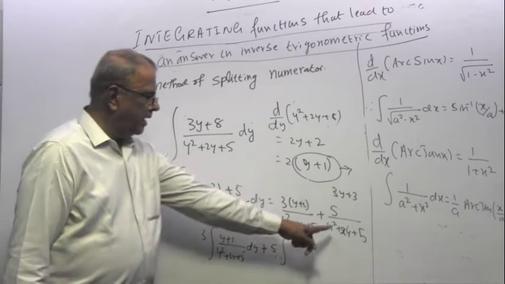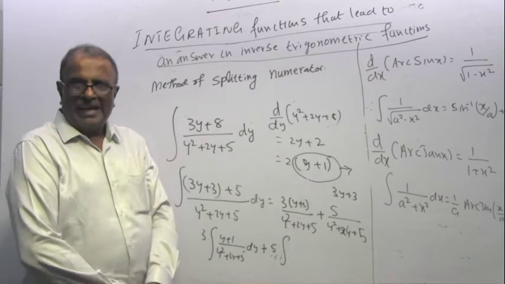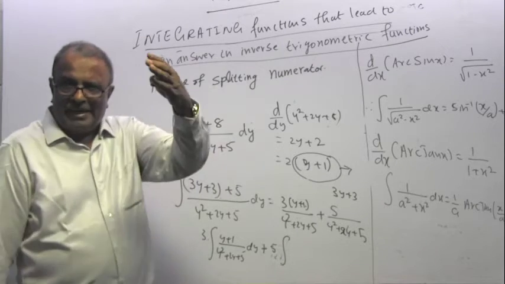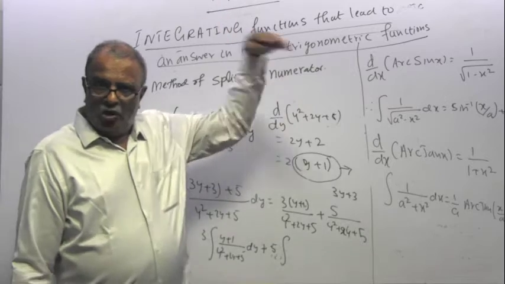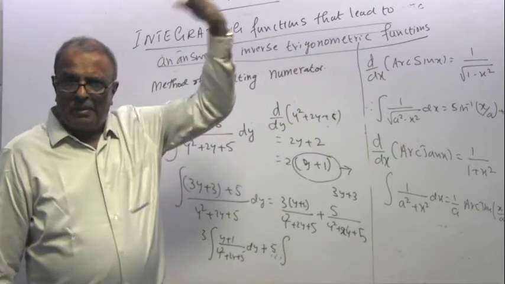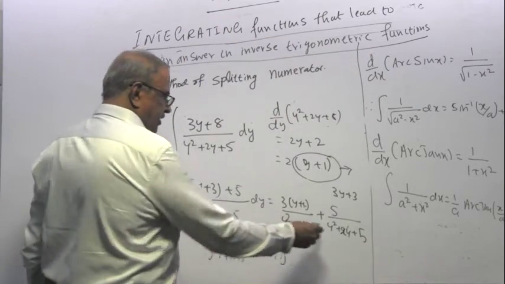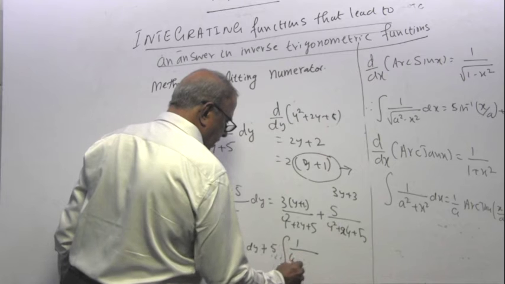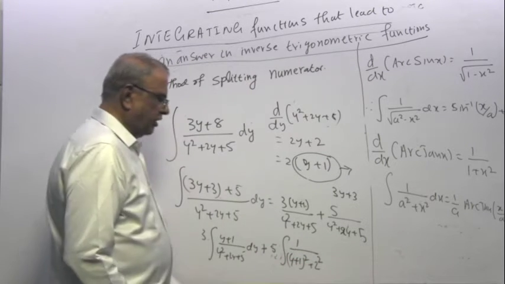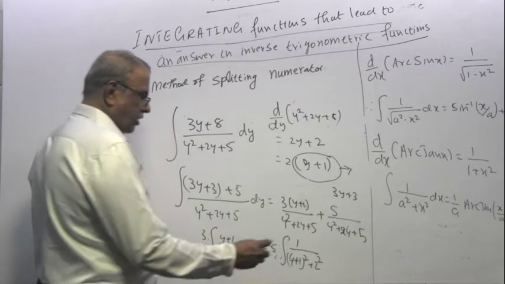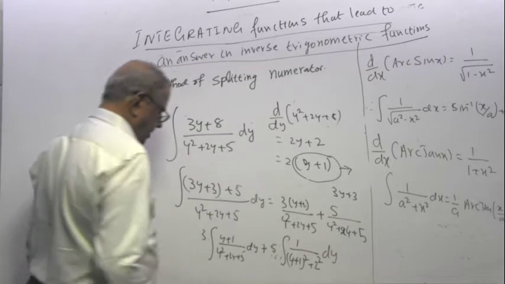Now, that one, I can complete squares because it's a quadratic. If you have a quadratic at the denominator and no derivative in the numerator, complete squares. This is y plus 1 whole squared plus 2 squared. I will leave it to you great minds to figure out how I completed the squares.